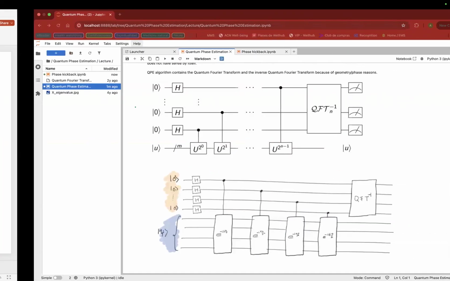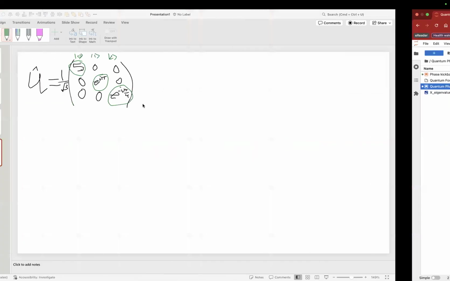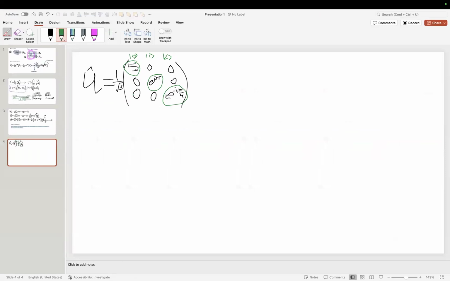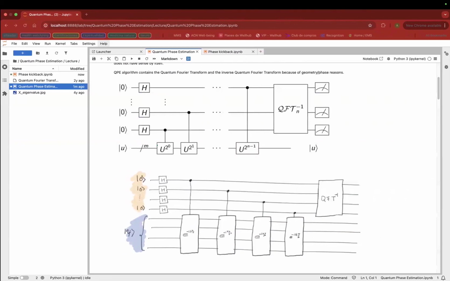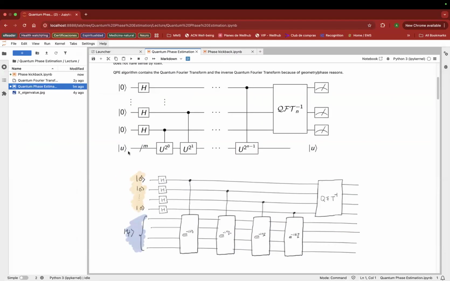Maybe there are two eigenstates, not just one, but we can prepare it in any of the eigenstates of the operator. Once we prepare the target qubit in an eigenstate of the operator, we apply the controlled quantum operator gate, and we finally extract the phase of the eigenvalue.